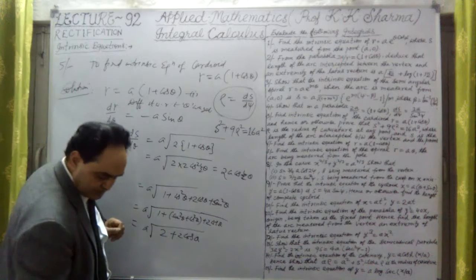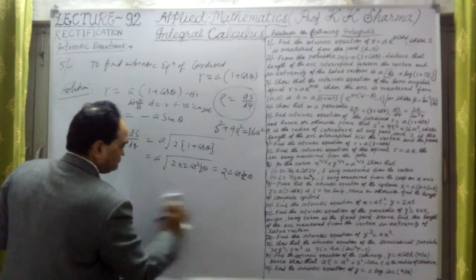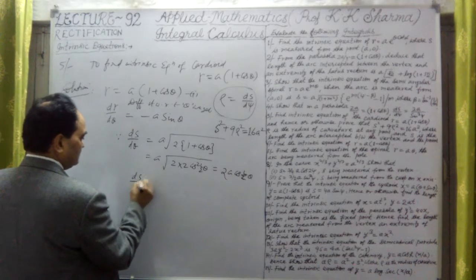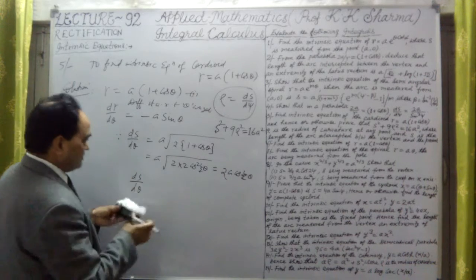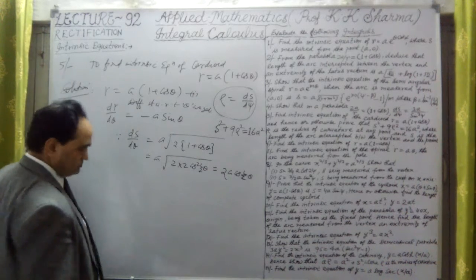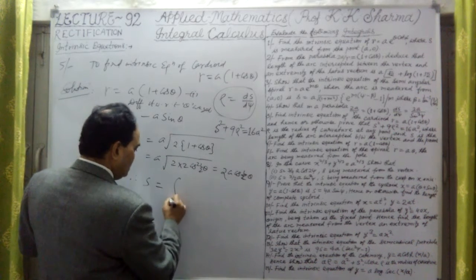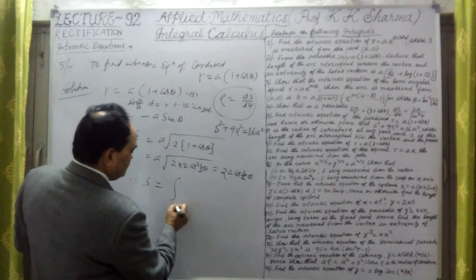Now the next thing: s is the length of the arc, where the limits are 0 to theta.